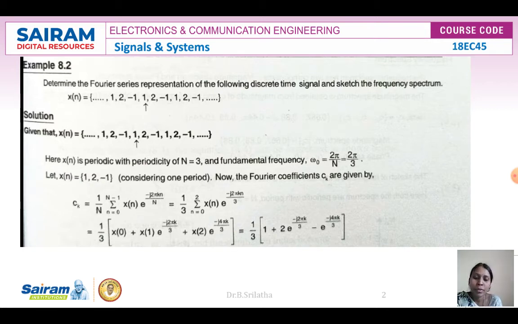To find the Fourier series representation, we first need ck, the coefficients of the Fourier series. ck is equal to 1 by N summation n is equal to 0 to N minus 1 of x of n e power minus j 2 pi k n by N. Here capital N is 3, so it is 1 by 3 summation n is equal to 0 to 2 of x of n e power minus j 2 pi k n by 3.